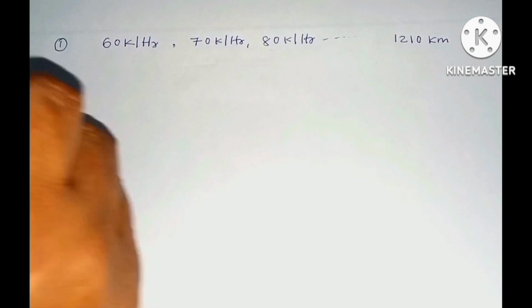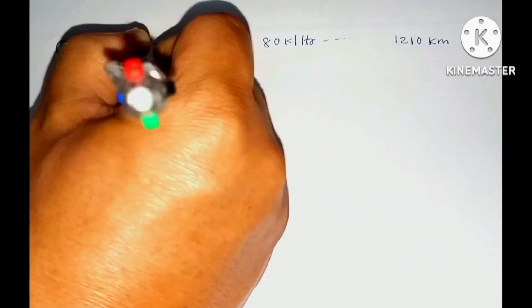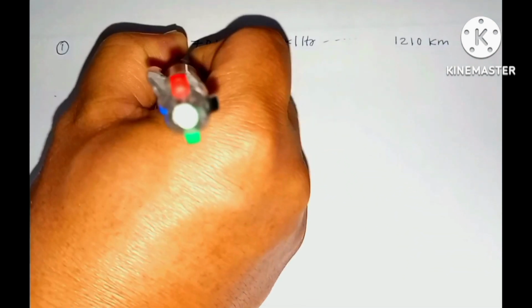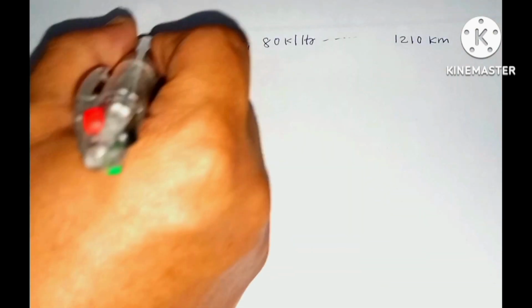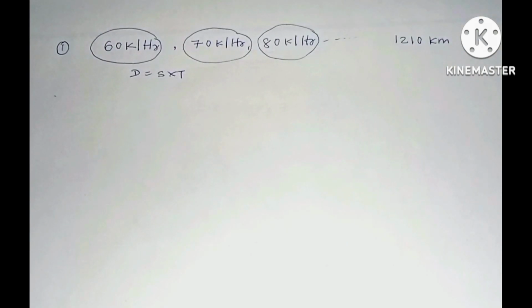So let us apply one formula, that is distance is equal to speed into time, and for each of these speeds the time is only 1 hour.